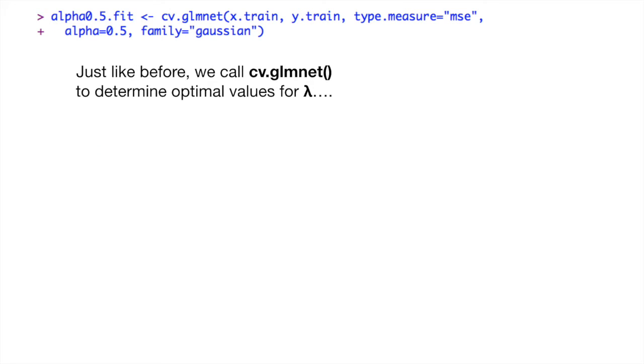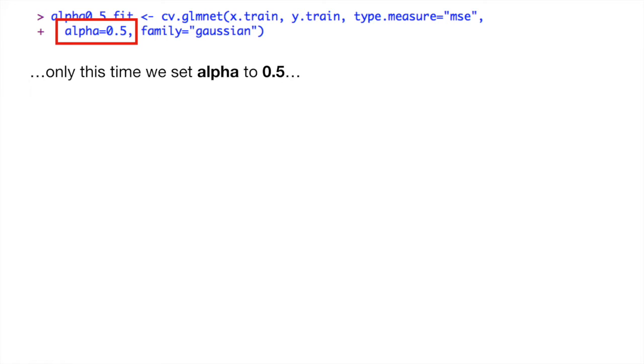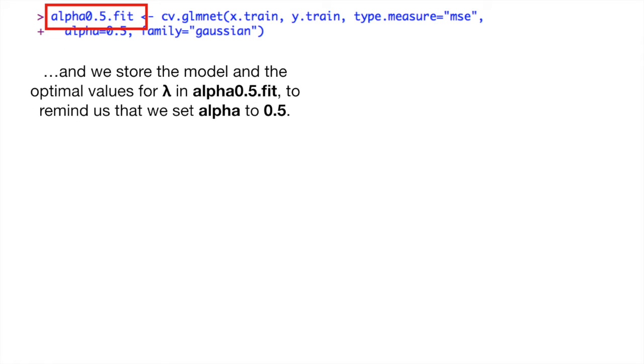Just like before, we call cv.glmnet to determine optimal values for lambda. Only this time we set alpha to 0.5. And we store the model and the optimal values for lambda in alpha0.5.fit to remind us that we set alpha to 0.5.